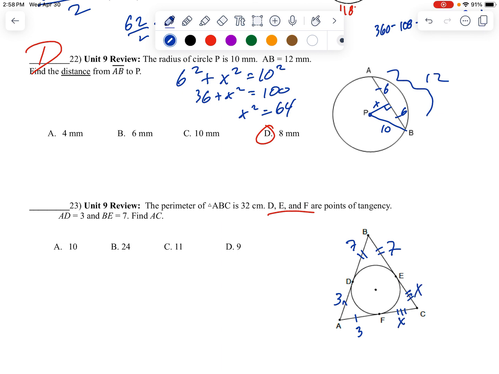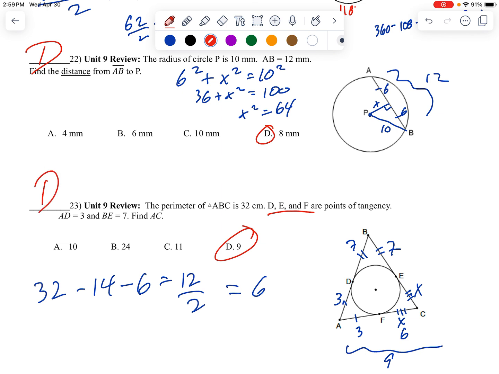Some people might do this: 32 minus 14 minus 6 gets 12, and then just divide that by 2 to get 6 for X. And then this whole thing would be 9.